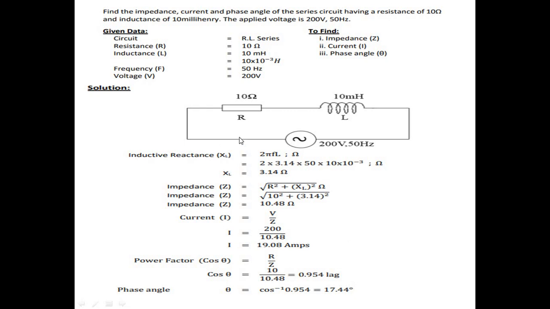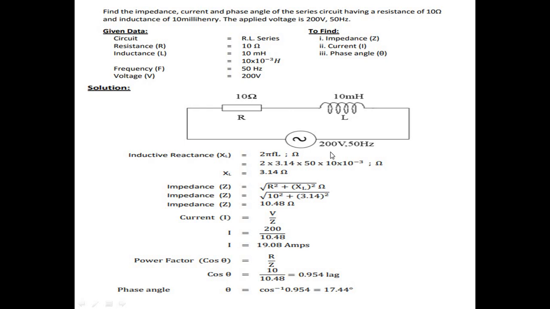Given data: RL series, resistance R is equal to 10 ohm, inductance 10 millihenry, which is 10 into 10 to the power of minus 3, frequency is equal to 50 hertz, voltage is equal to 200 volt. We need to find the impedance, current and phase angle. In this series circuit, 10 ohm, 10 millihenry, 200 volt, 50 hertz.